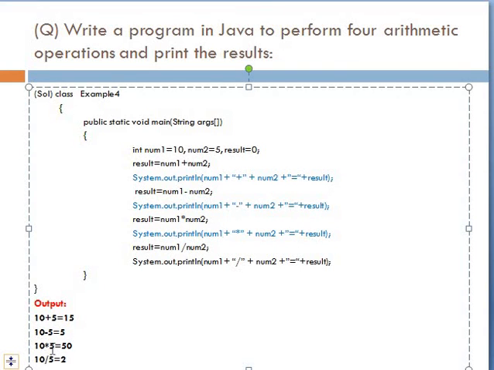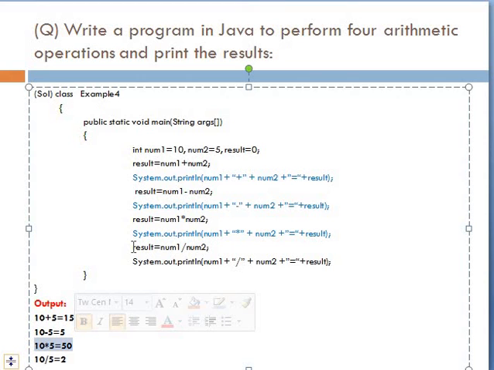Then the value of result, which has been calculated and found to be 50, gets displayed in the output. So in the output I can see the new value as 10 into 5 equal to 50. Then the statement ends with a semicolon, and the control shifts to the next line.